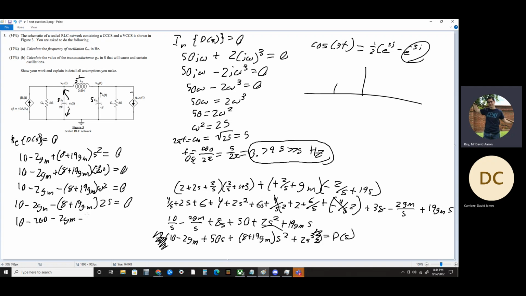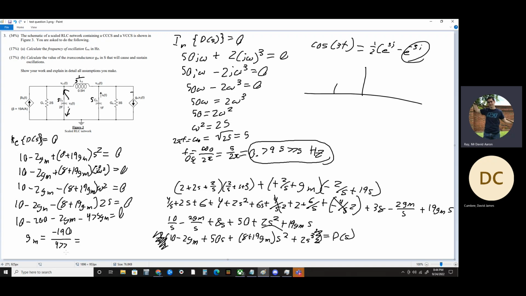So it's going to be 475 gm equals 0, which means that gm is essentially going to be negative 190 over 477. Negative 190 by 477. All right. Yeah, because then it's going to be negative.